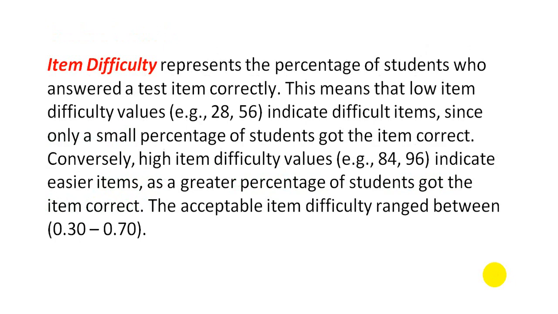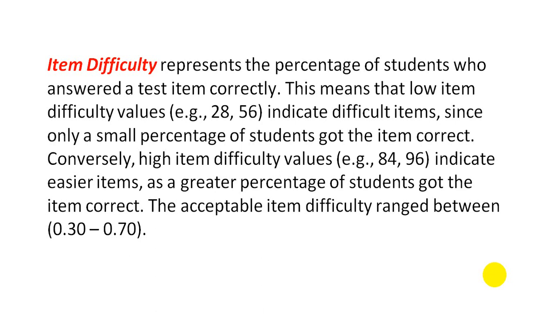Item difficulty represents the percentage of students who answered a test item correctly. This means that low item difficulty values, for example 28, 56, indicate difficult items, since only a small percentage of the students got the item correct.